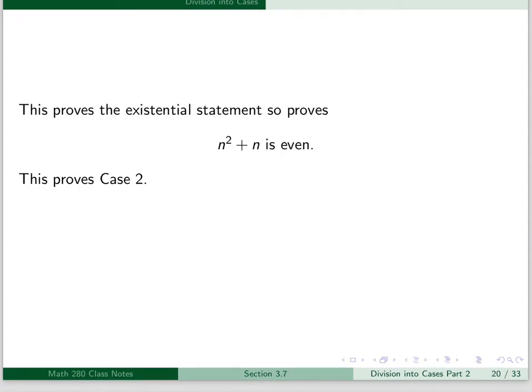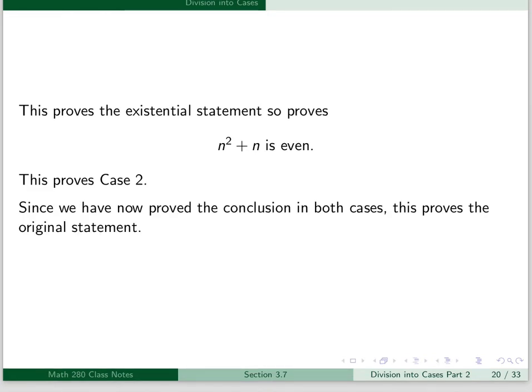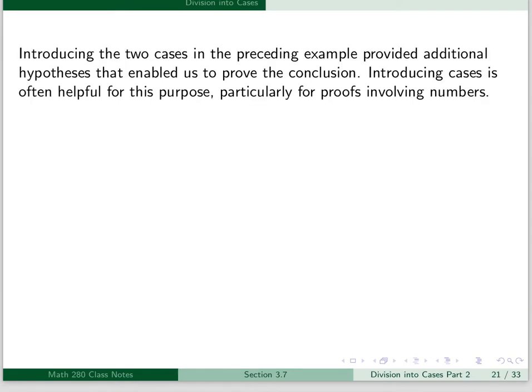This proves the existential statement once again, so proves that n squared plus n is even, and this proves case 2. Since we have now proved the conclusion in both cases, this proves the original statement.